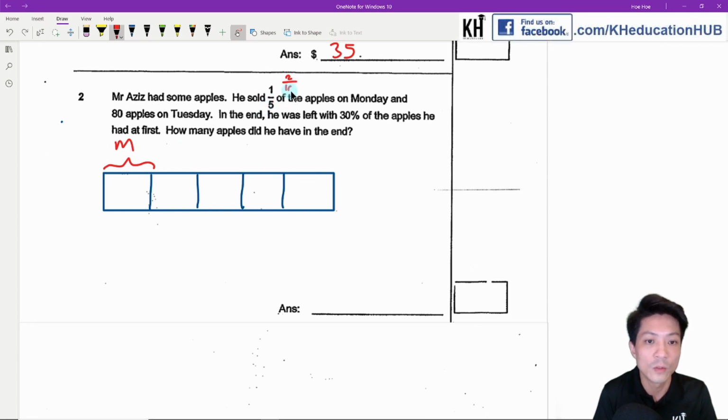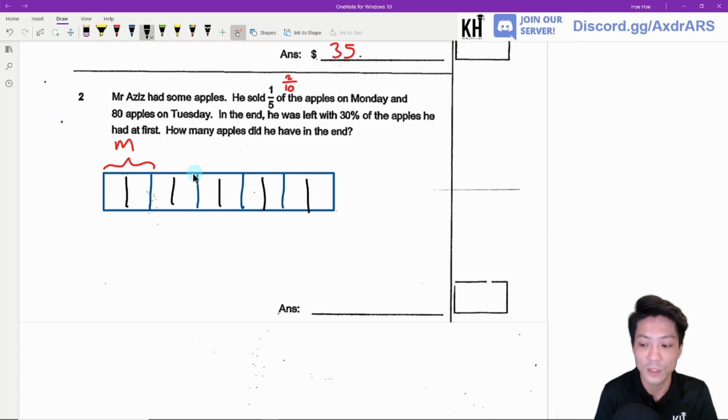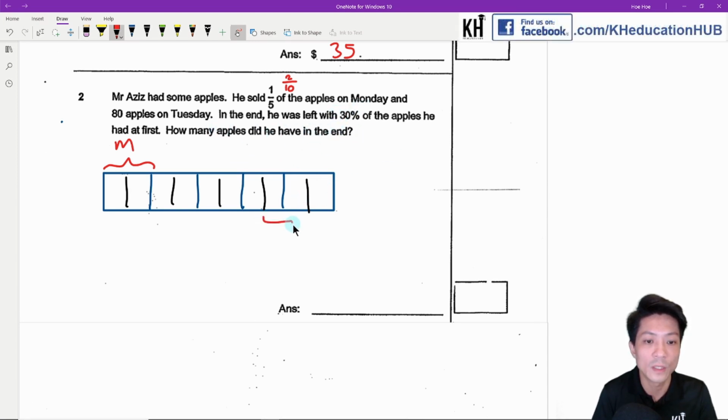So what I can do is, I'm gonna cut this all into 2 parts. Okay, so that there will be 10 blocks and each block will be 10%. Since it's left with 30%, so we know that this is the part that is left, right? Okay, which is 30%.